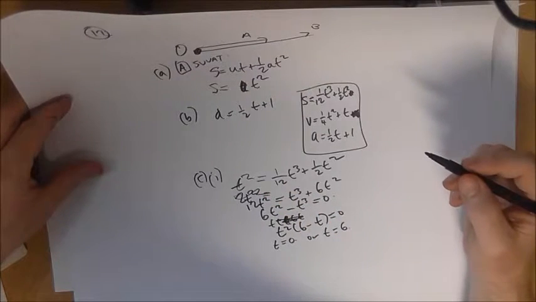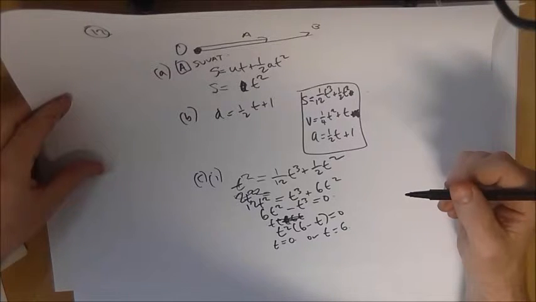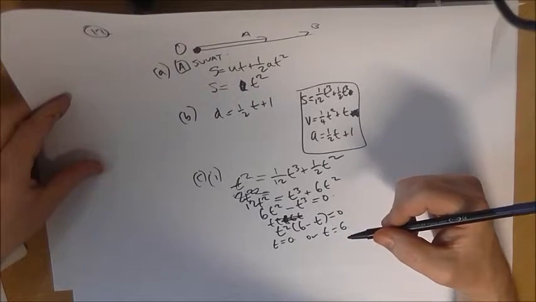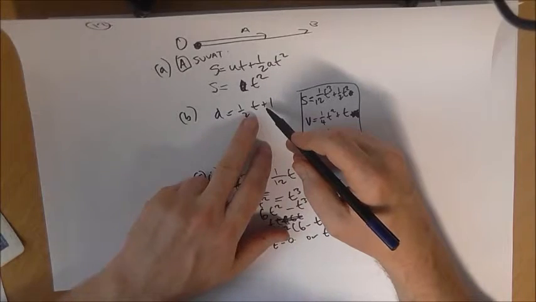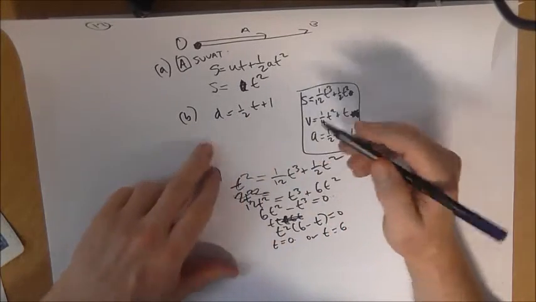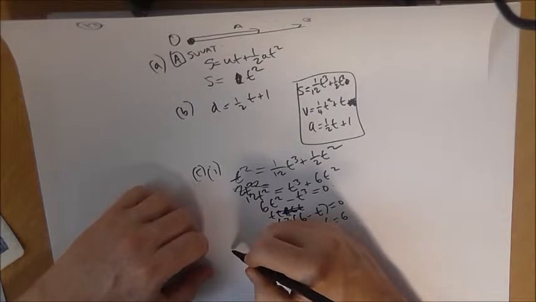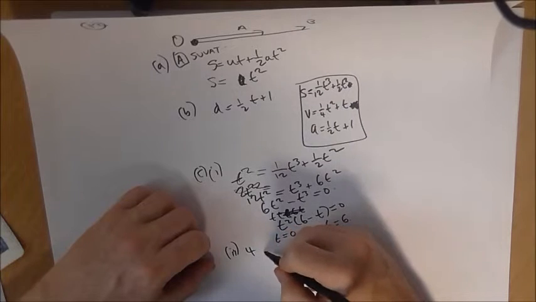And how much have they travelled at that time? Well, if you put t equals 6 in there, you get 4. So if they've travelled the same distance, then that will be 4 each.